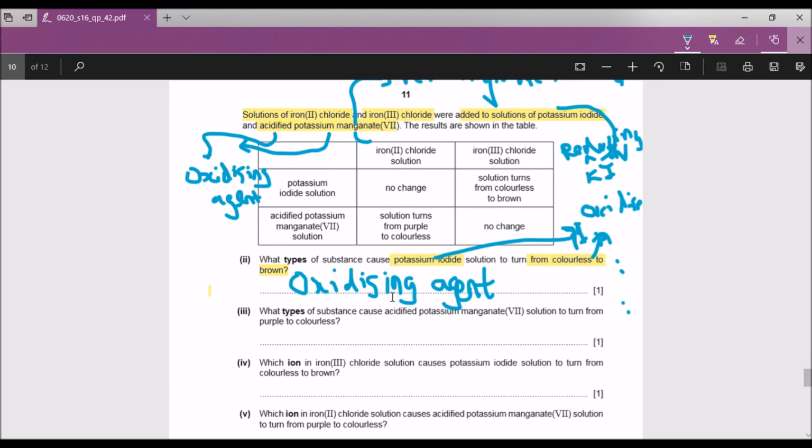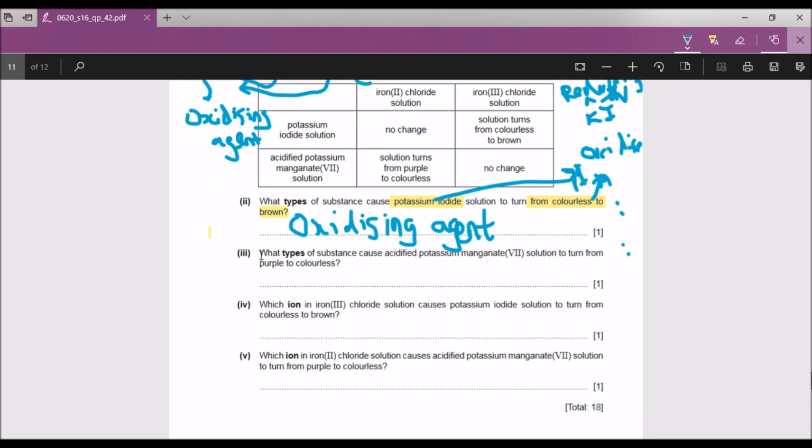You can learn this by the tests as well if you look on Google. They basically have a page that describes how potassium iodide is a test for oxidizing agents. So, potassium manganate turning from purple to colorless is basically a vice versa situation. In this case, potassium manganate gets reduced, so it's an oxidizing agent.